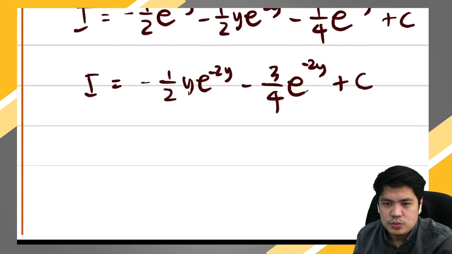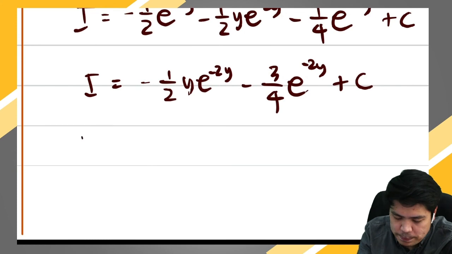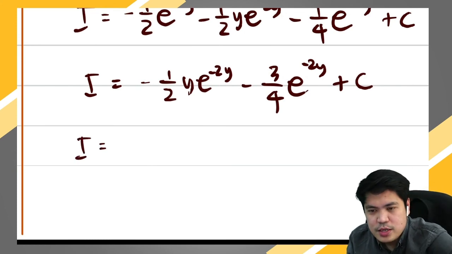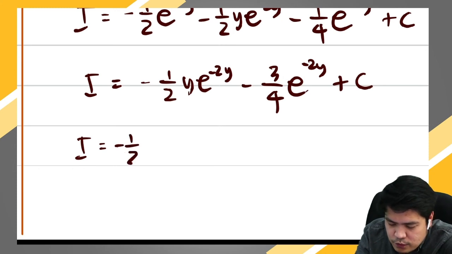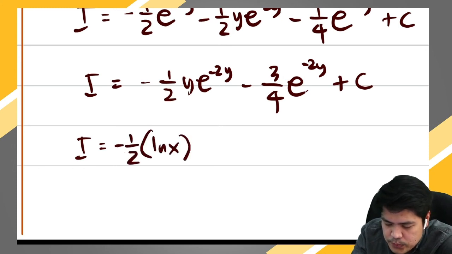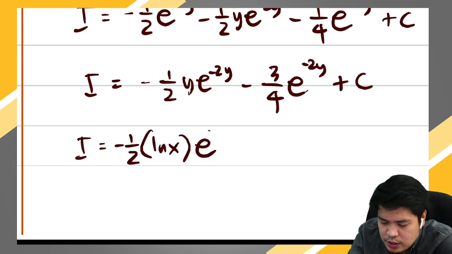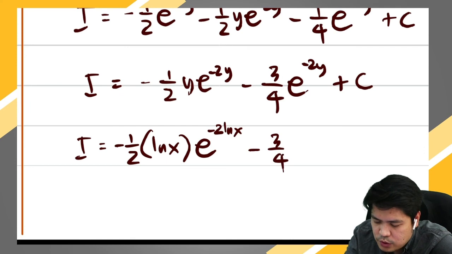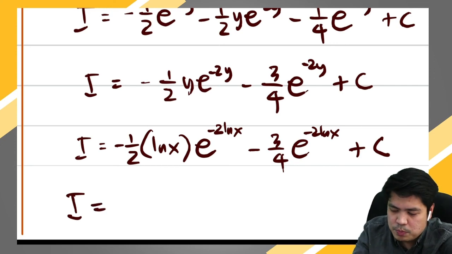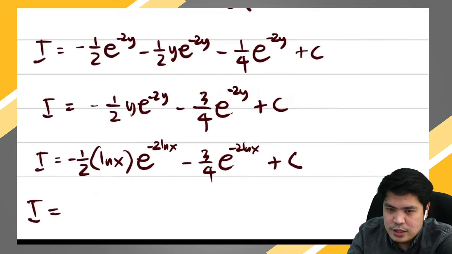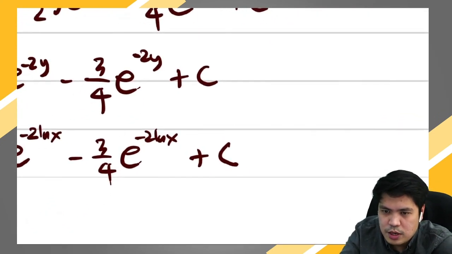Okay, so how will we express our final answer? We know that y is equal to ln x, right? So, bilik lang natin. We have negative 1/2 y times exponential negative 2 ln x minus 3/4 exponential negative 2 ln x plus c. But wait, there's more. We know from the properties of logarithm, medyo laggy yung screen ko, no?